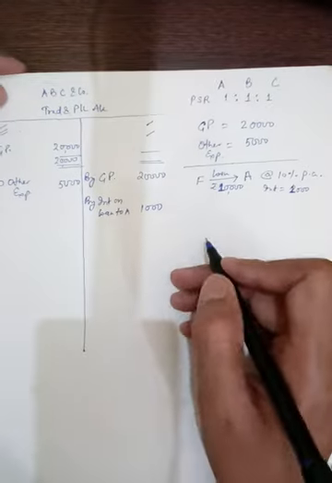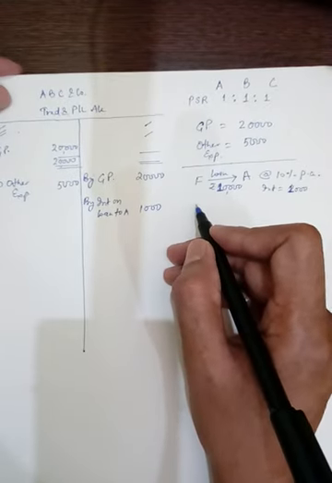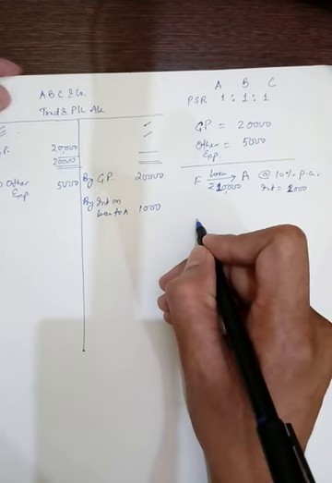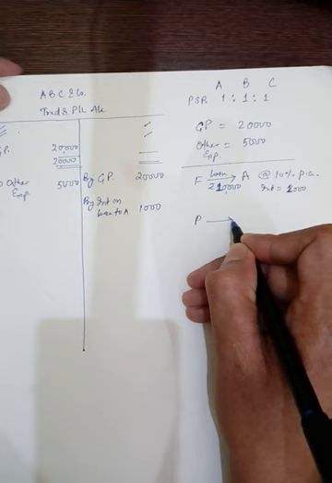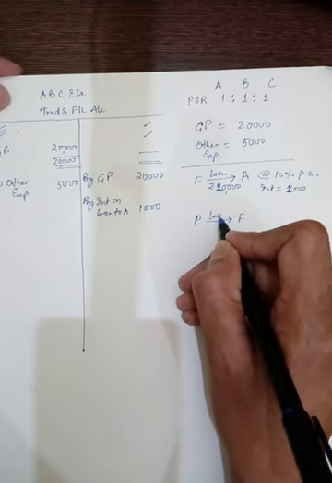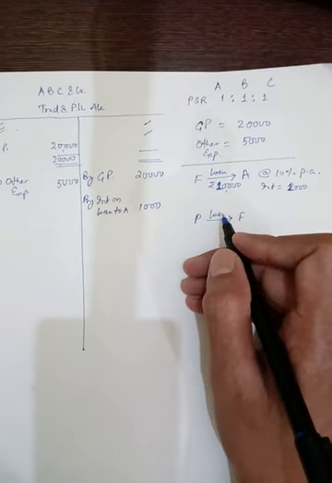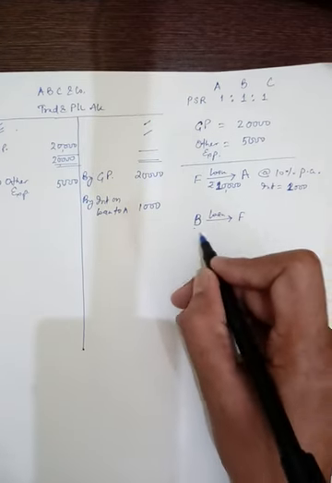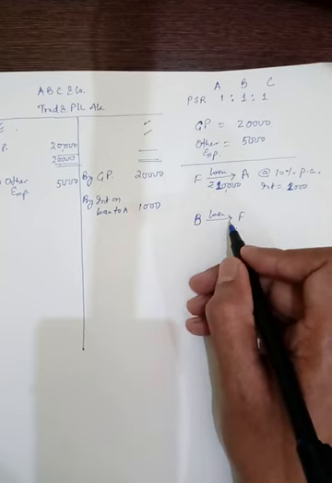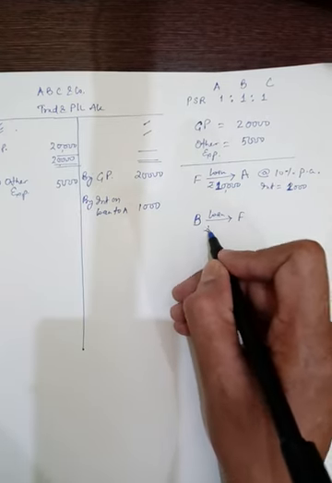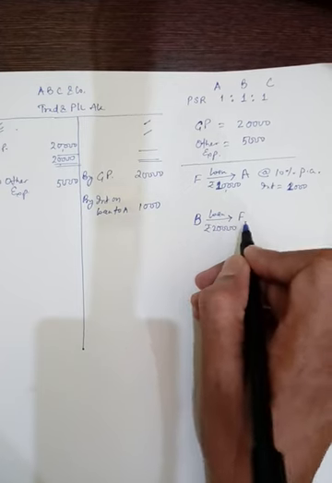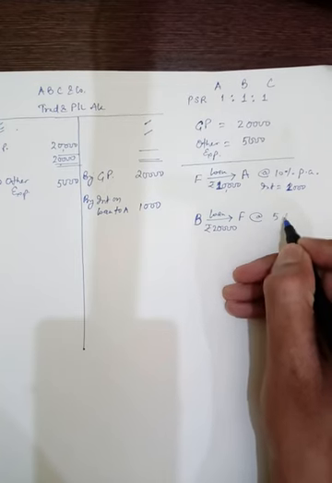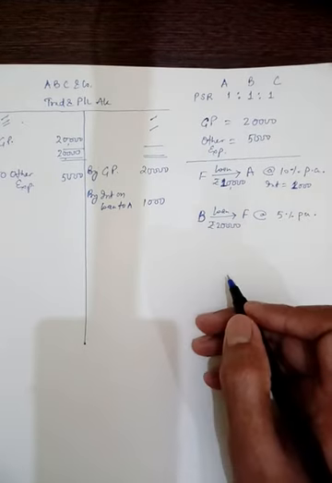Now the next detail that you are given in the question is that a partner has given a loan to the firm, and the partner's name is Mr. B. So Mr. B has given a loan to the firm, and the amount of loan is, suppose, 20,000 at the rate of 5% per annum.